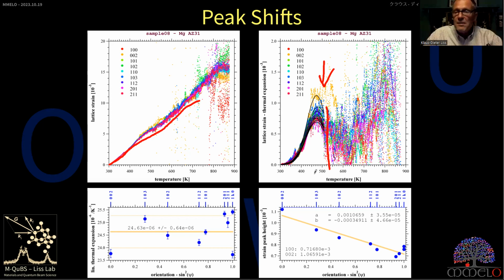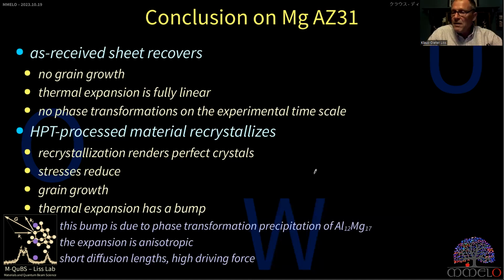Okay, let me give a quick conclusion on the magnesium AZ31 material. The as-received sheets recover. We don't have grain growth. Thermal expansion is fully linear. There are no phase transformations on the experimental time scale, because diffusion paths are very large.